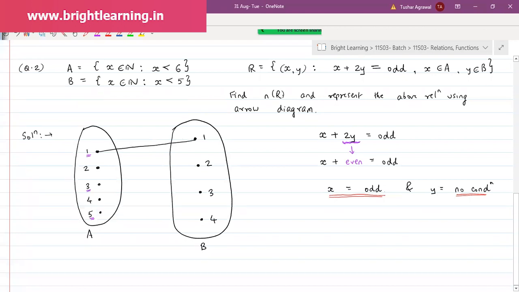If only cardinality is asked, you should write cardinality of R is equal to 3 elements of A and 4 elements of B, and they are all combining with each other. So 3 multiplied by 4, that is 12. This is the cardinality. In the arrow diagram, 1 will get connected to all of 1, 2, 3, 4. 3 will get connected to all of 1, 2, 3, 4.